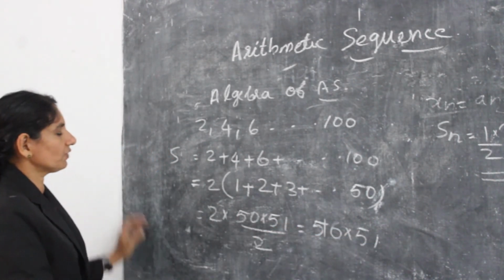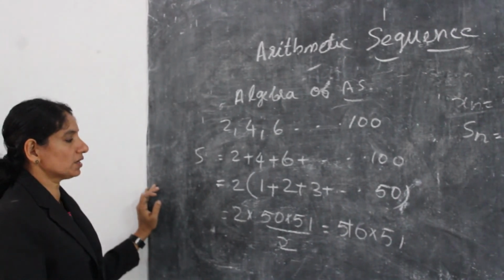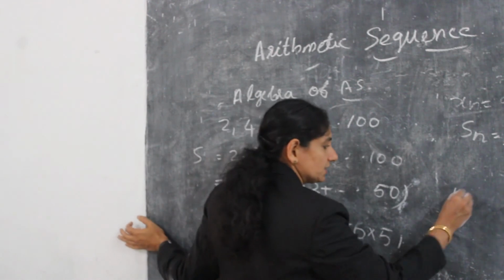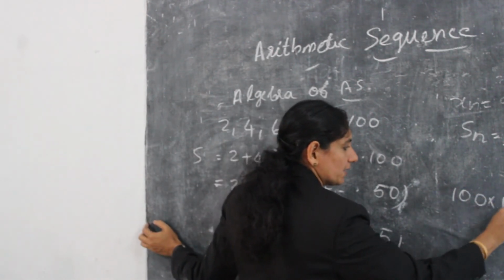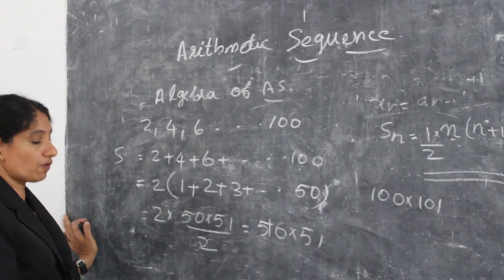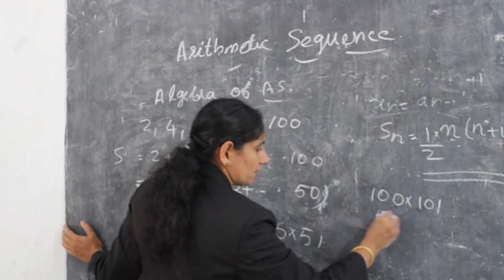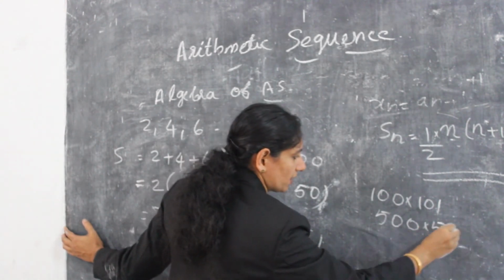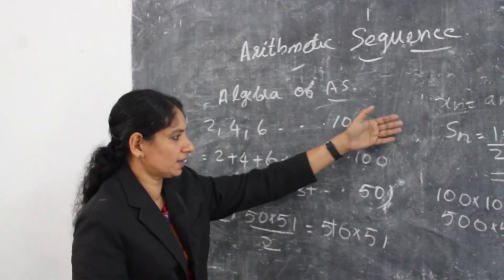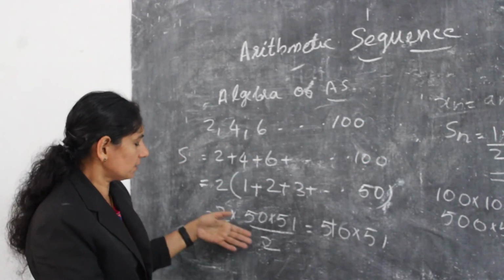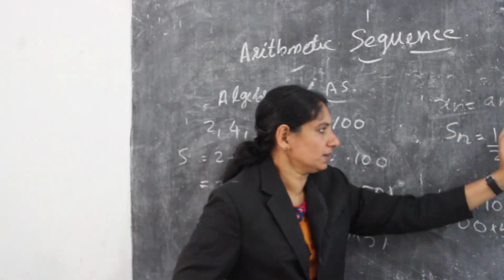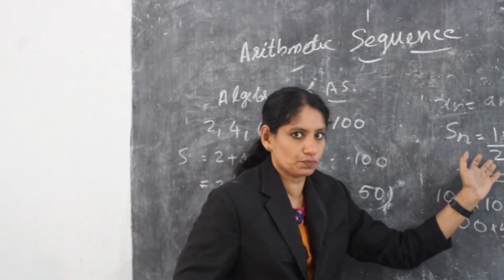Then similarly, if we consider the first 100 even numbers, what is its sum? 100 into 101. What is the sum of the first 500 even numbers? 500 into 501. You understand that? What is the difference between the sum of even numbers and the sum of natural numbers? For natural numbers, it is n into n plus 1 by 2.